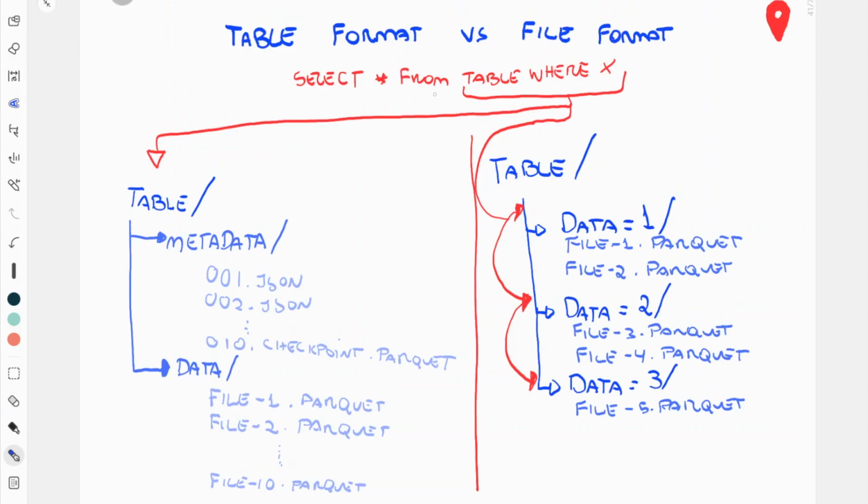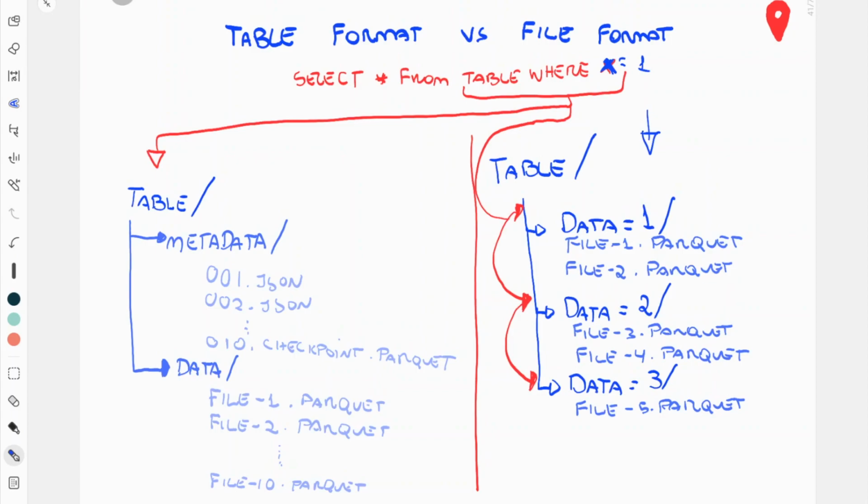Because when you select data from your table in a Hive format, you have where x equals 1. In this case, we have the partition as date.